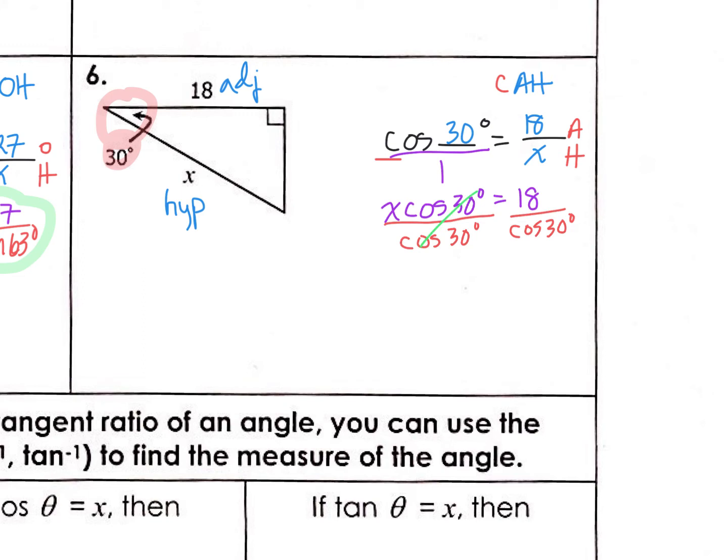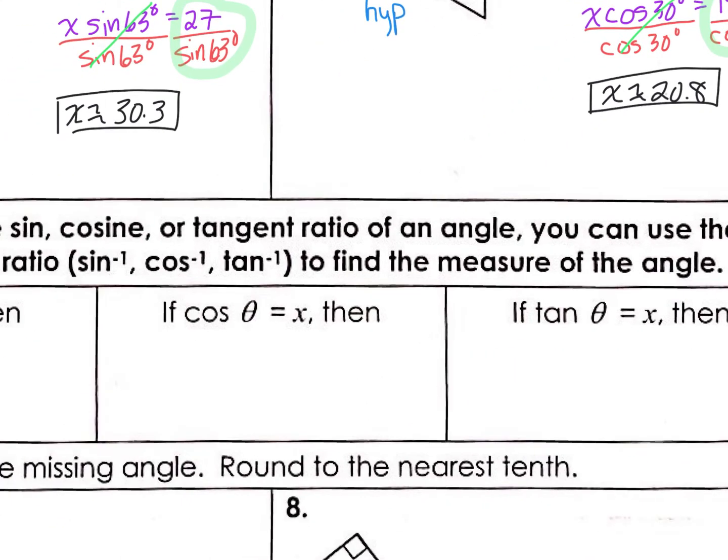And in your calculator, you should be putting 18 divided by the cosine of 30. And we get x approximately equaling 20.8. So that's all there is to finding side lengths using trig functions.